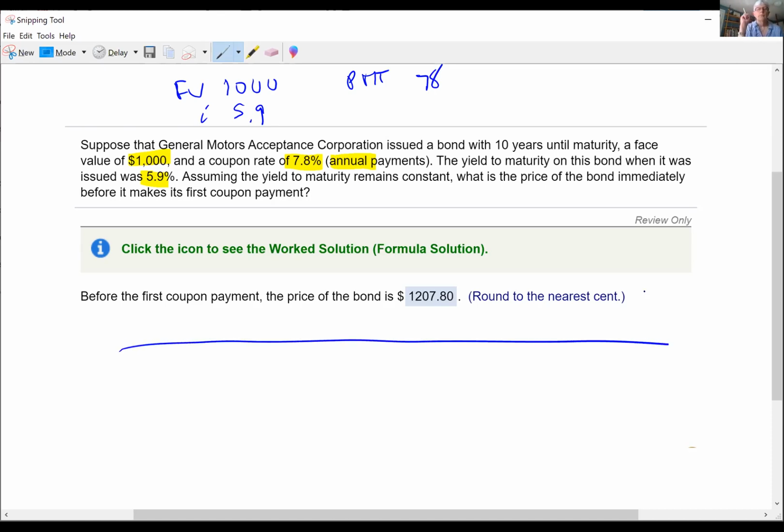And I'll actually do 3 versions of it, okay? We're going to say that here is our 10-year bond. We have payments of 78, and we have a future value of 1,000. So the first thing we're going to do is calculate the price at time 0. So the price at time 0, we're going to say that N equals 10.